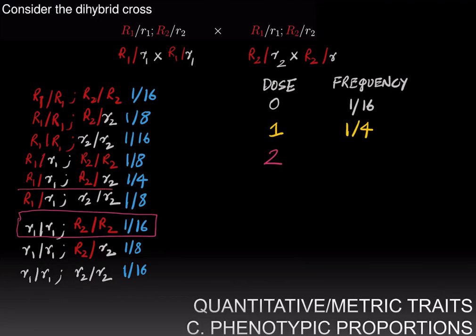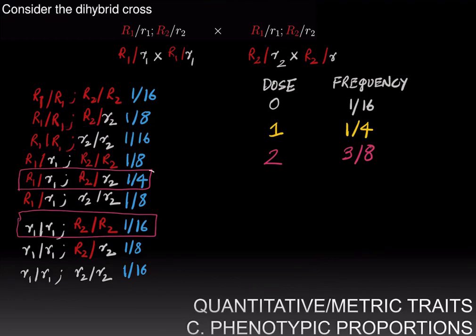We have the dihybrid, and finally we have the individual who is homozygous for the big R2 allele. And if you add up these fractions, 1/16 plus 1/16 is 1/8, and 1/4 plus 1/8 is 3/8.